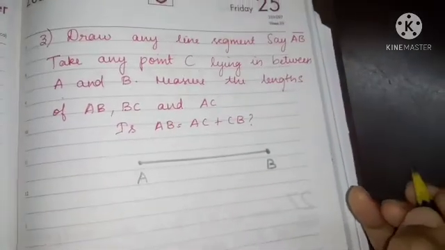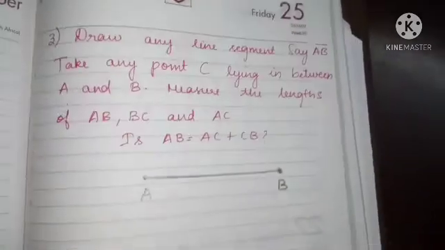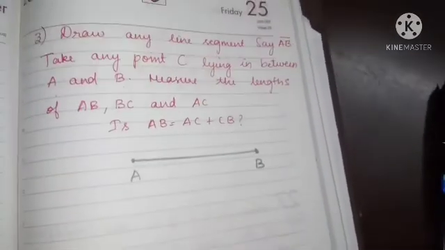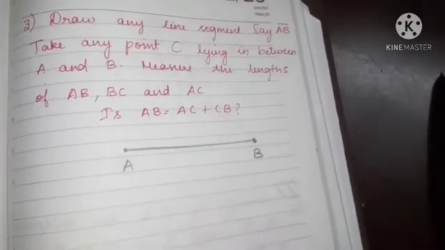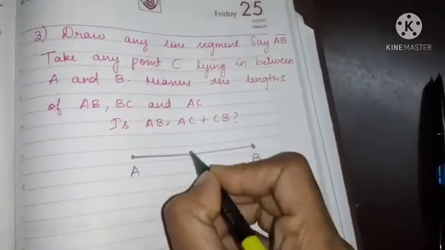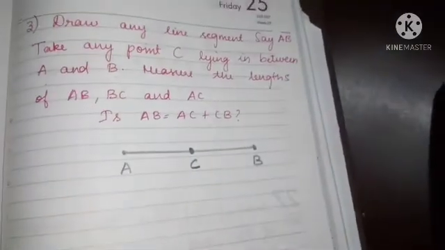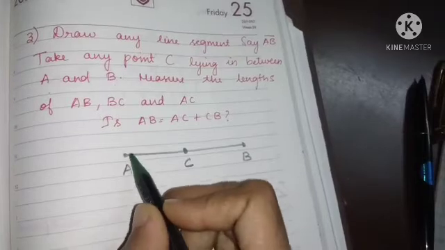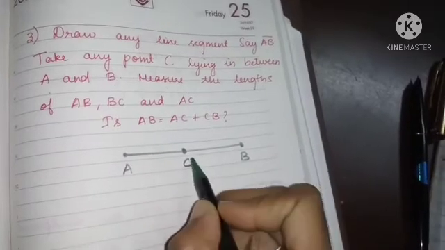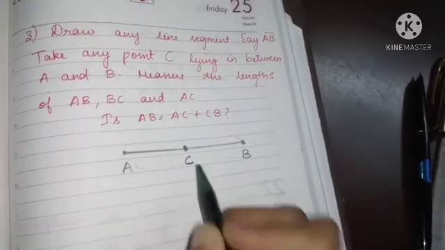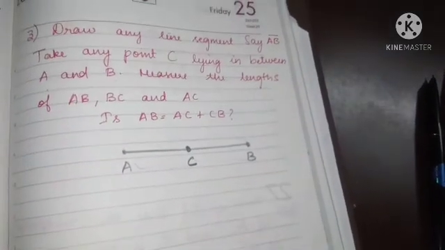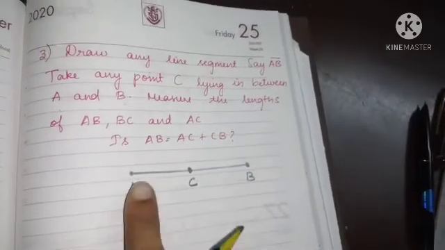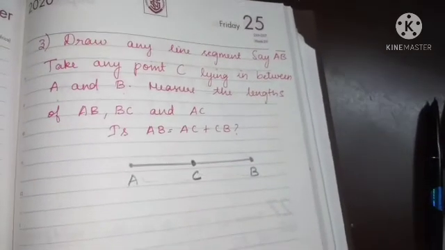I am taking a point C in between. Now I should measure AB, BC, AC. Then they are asking whether this total length AB is equal to AC plus CB.